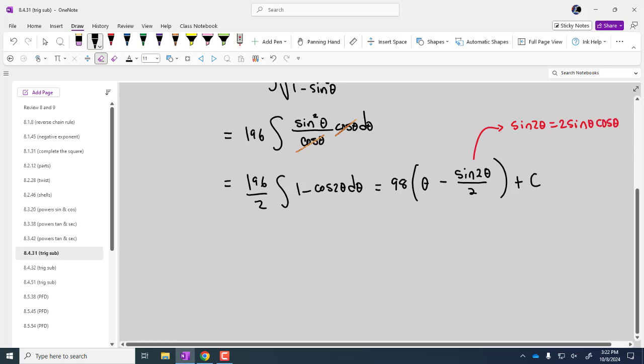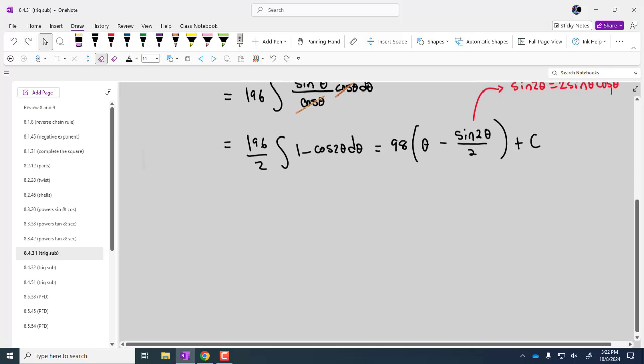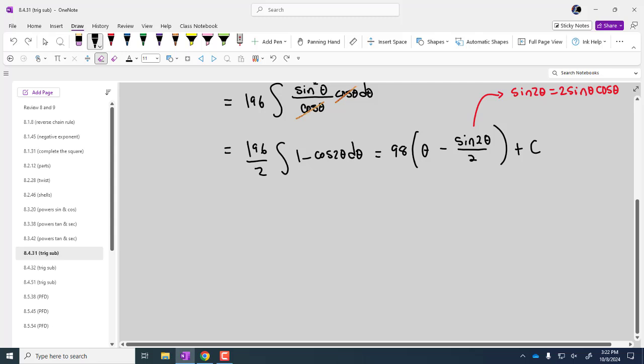And do you see that there's a 2 in the numerator now that's going to cancel with the 2 in the denominator? So this sine 2 theta becomes this. That 2 and that 2 are going to cancel. So we will end up with 98 times theta minus sine theta cosine theta plus c.